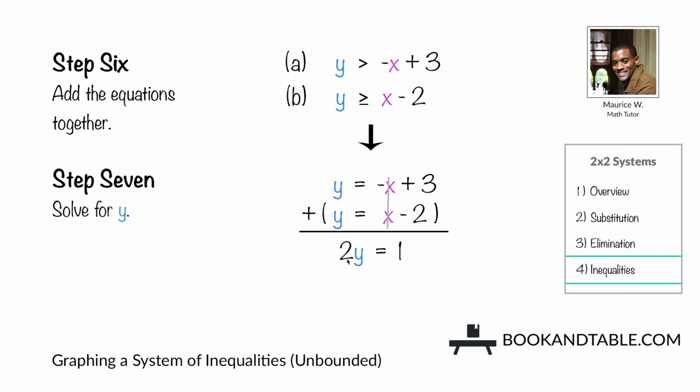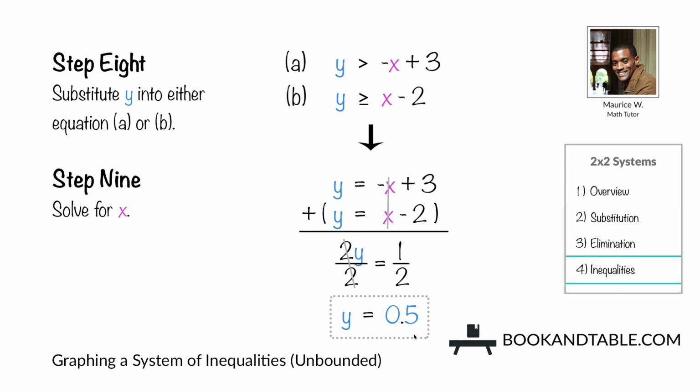Now to negate this coefficient of 2, you can divide both sides by 2, leaving you with y is equal to 1 divided by 2, which is equal to 1/2, or 0.5. And now that we've found the y value for the vertex, we can now substitute y into either equation A or B, and then solve for x.